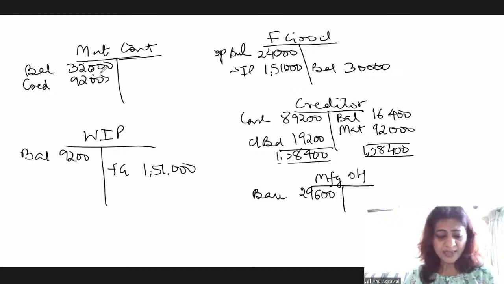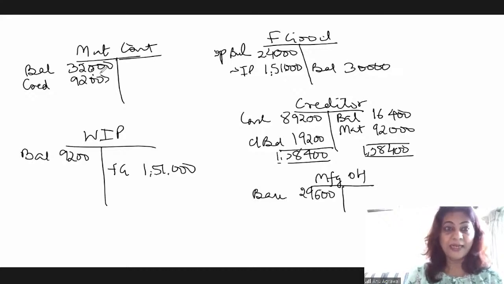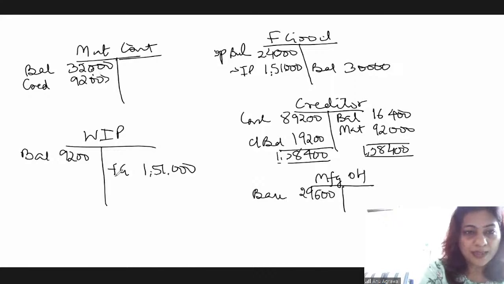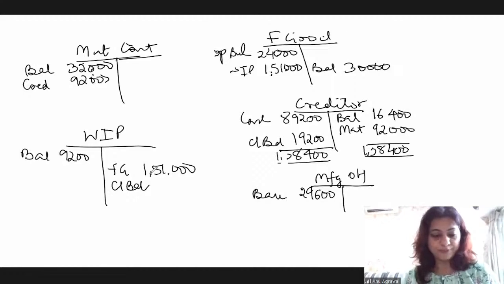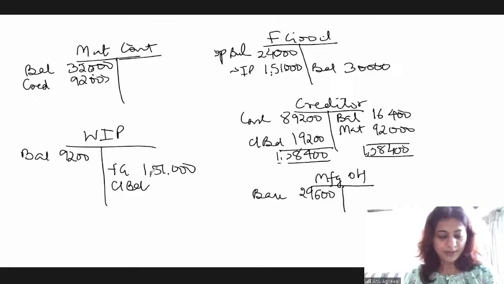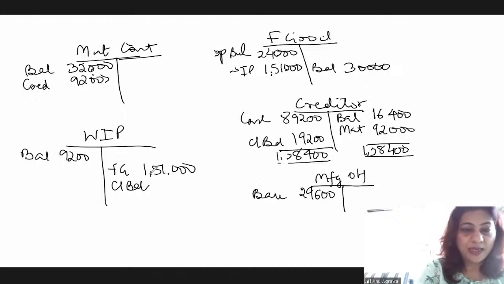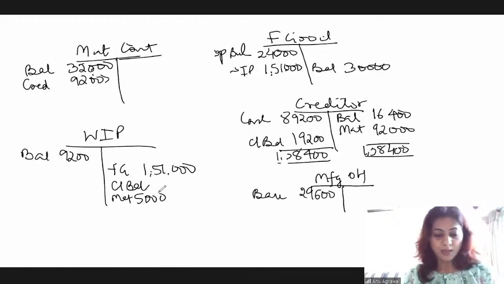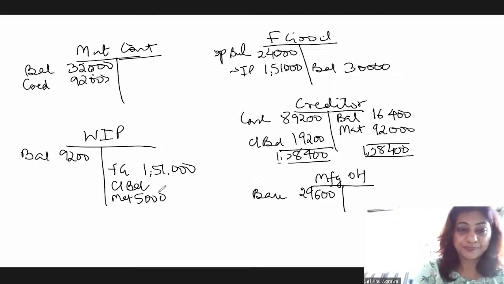Then the second information they have said is ending inventory of WIP. So they are telling me there is a closing balance. Ending inventory of WIP is materials of 5,000, on which 300 direct labor hours have been booked.